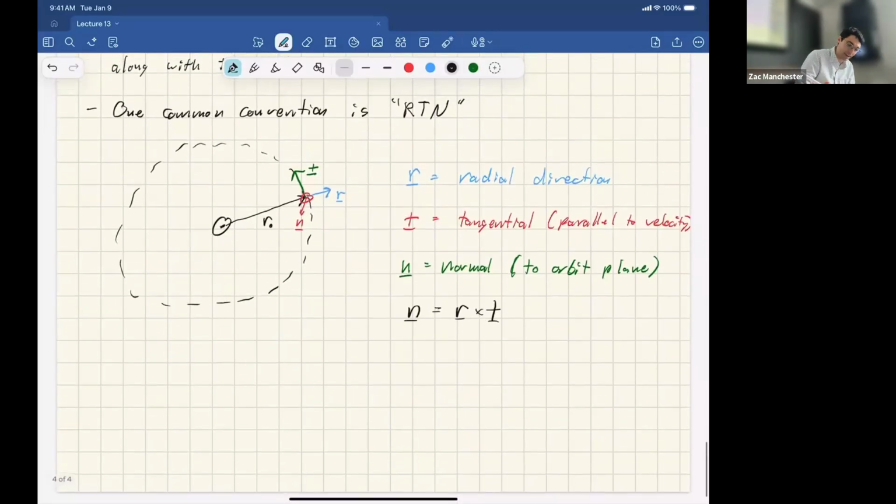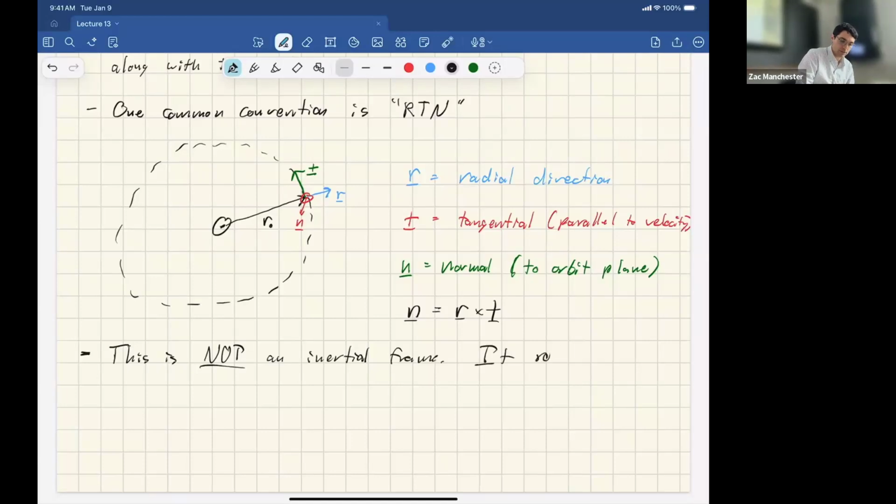Maybe most of you. Okay, so important thing to note is this is not an inertial reference frame. It's a rotating reference frame by construction, which is what we want in this case. It rotates once per orbit, about the N vector, right?